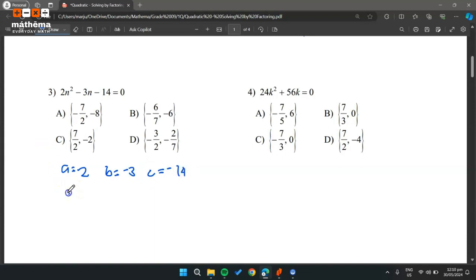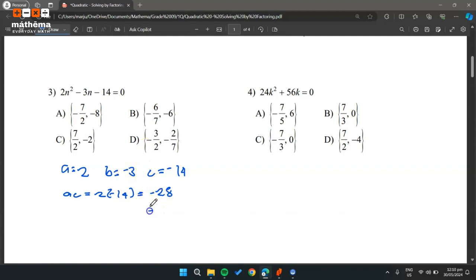So multiply a times c. That is just 2 times negative 14, which gives you negative 28. Then we list down the factors of negative 28 that when added will give you negative 3.